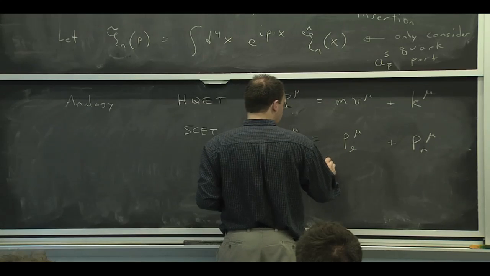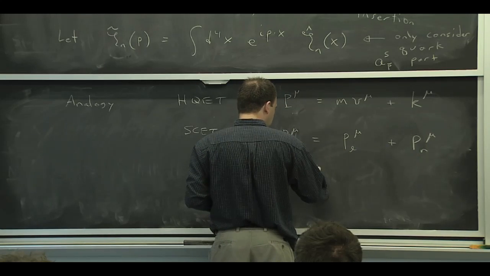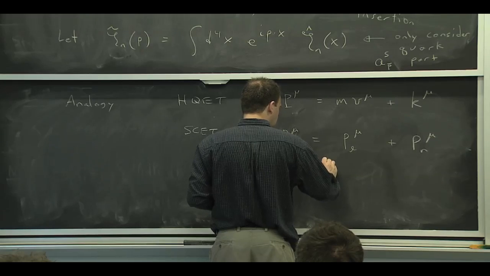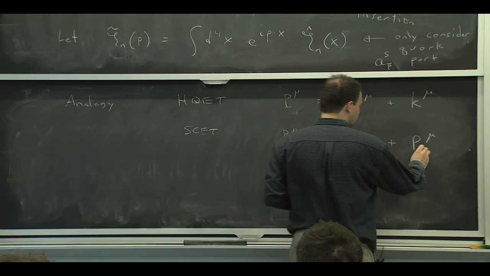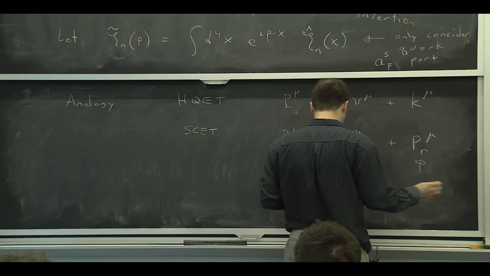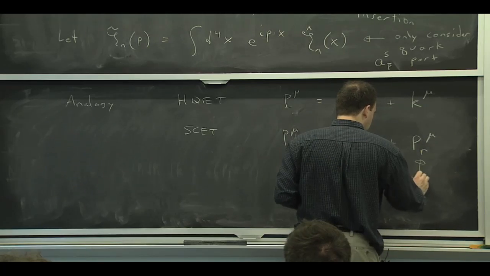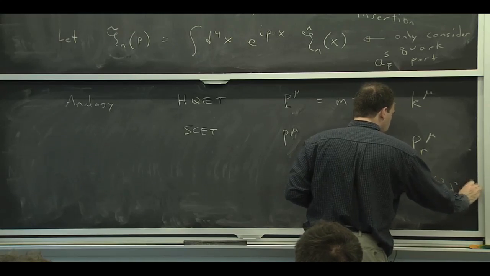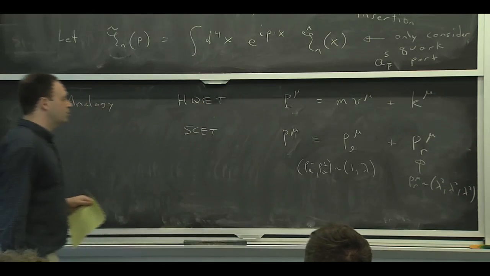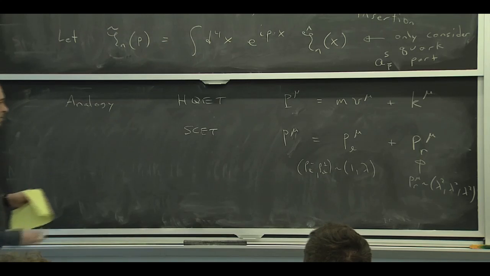The big piece here will be the terms which were of order 1 or lambda. And then the rest here will be something that's of order lambda squared. And I allow that residual piece not just to be in the plus direction, but to be in any direction.